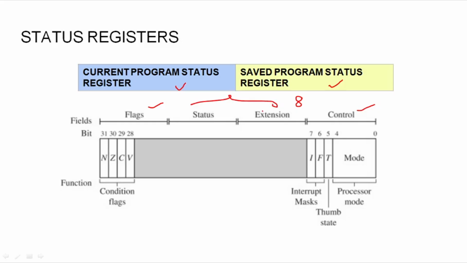SPSR, the saved program status register, is only available in privileged modes like FIQ, IRQ and supervisor mode. This SPSR is used to save CPSR during exceptions so that it can be restored after handling.